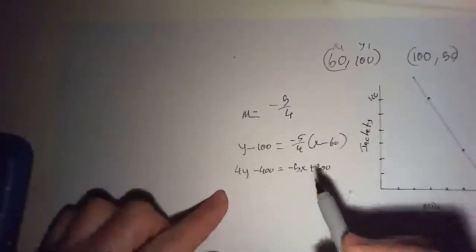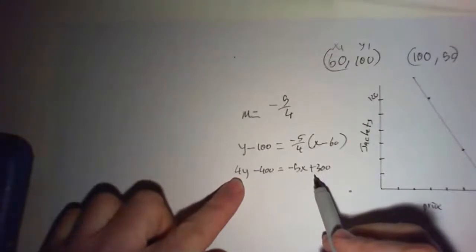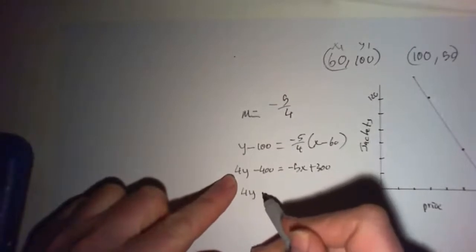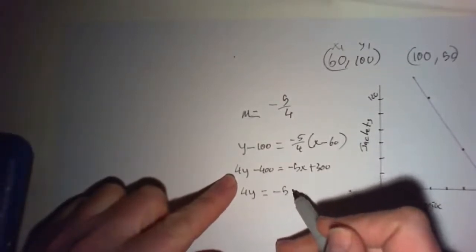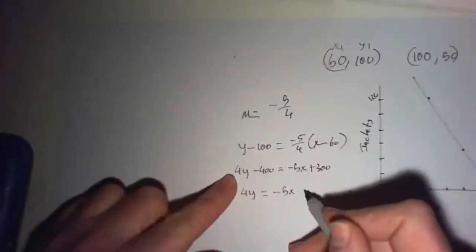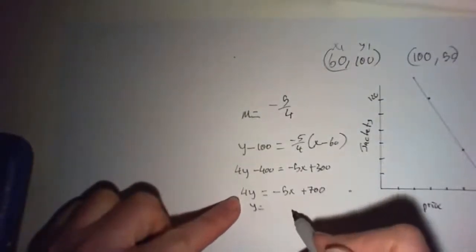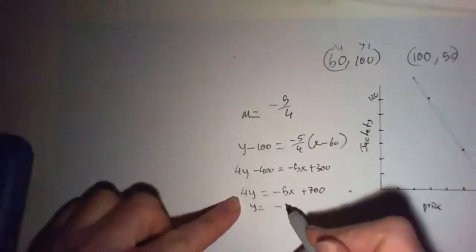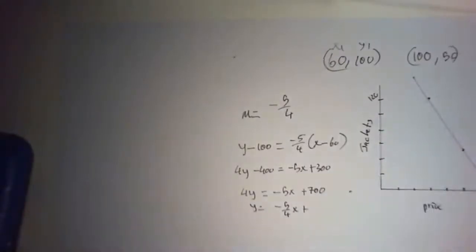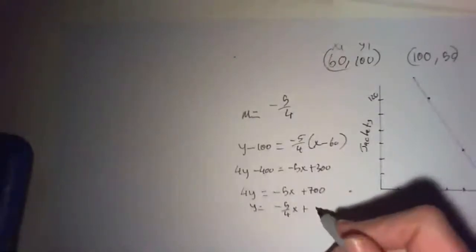So let's rearrange it to get the y-axis jackets in terms of price. Okay, so 4y is going to be equal to minus 5x plus 700. So y is equal to minus 5 over 4 x plus, well, what's 700 divided by 4? That's 28, I think.